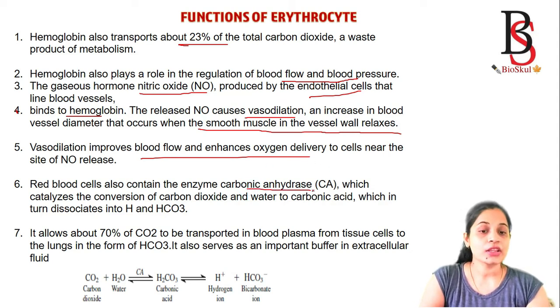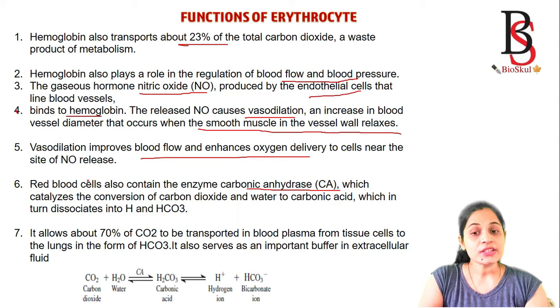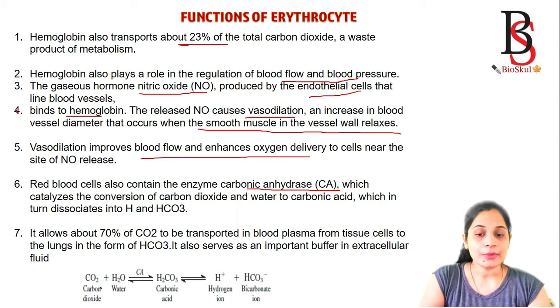Red blood cells contain an enzyme known as carbonic anhydrase, which catalyzes the conversion of carbon dioxide and water to form carbonic acid, which in turn dissociates into hydrogen ion and bicarbonate ion.